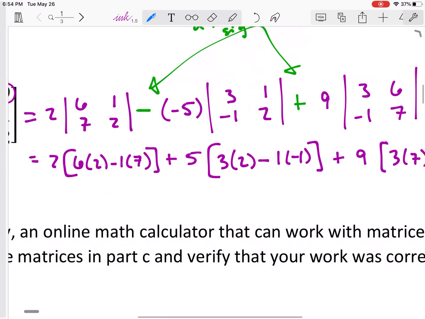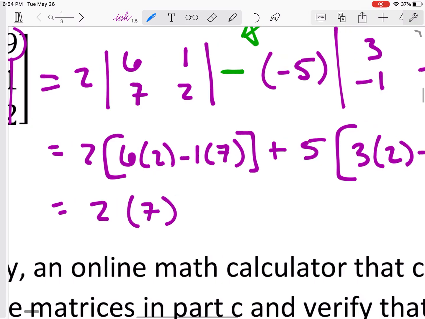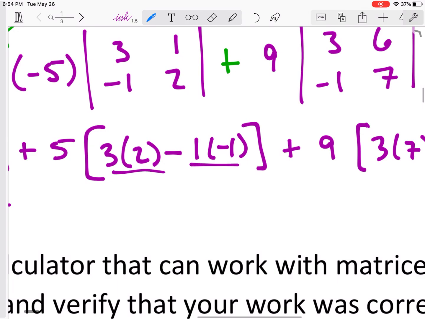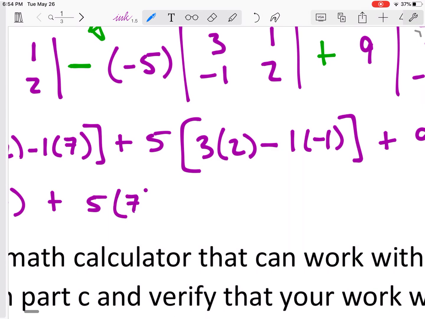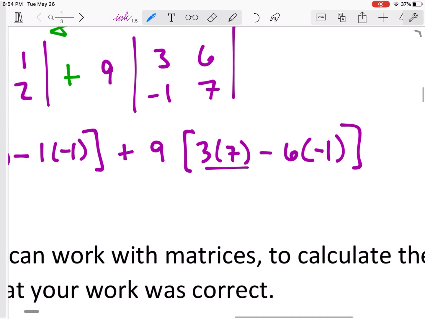And now we just have a bunch of simple math to do. This will be 2 times, 6 times 2 is 12, minus 1 times 7 is 5. Plus 5 times, well, this is 6 minus negative 1 times negative 1 is 1, so 7. 5 times 7. And lastly, 9 times 21 plus 6 is 27.